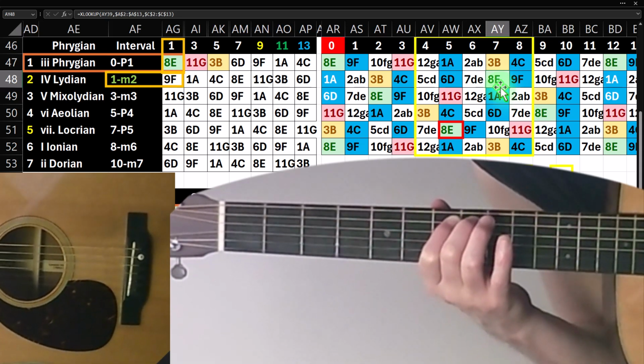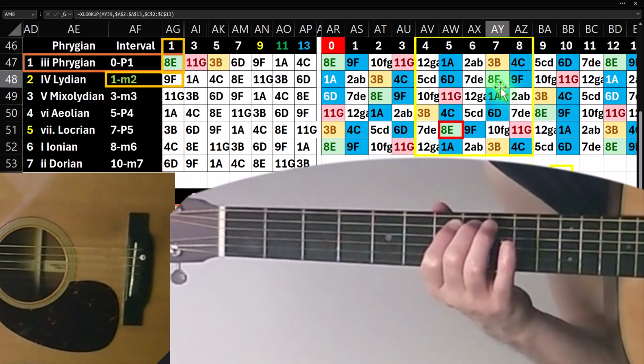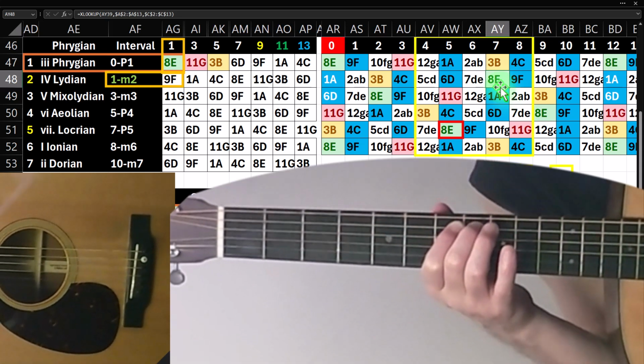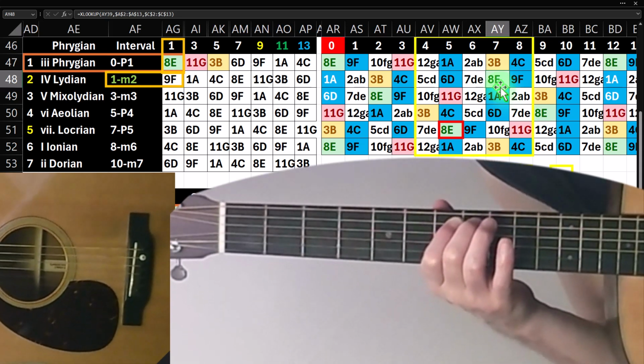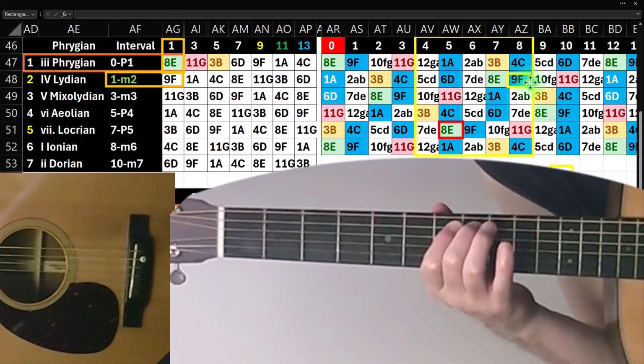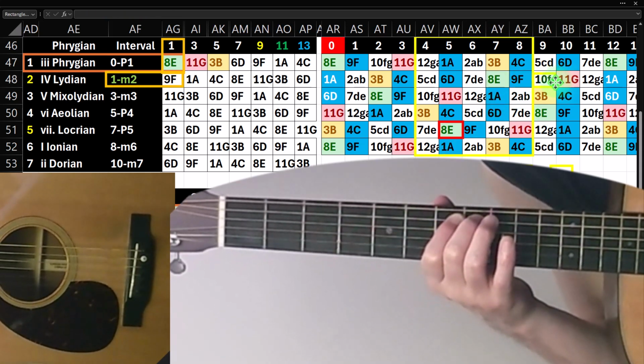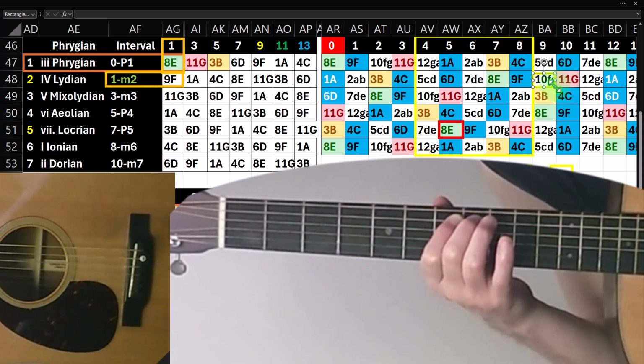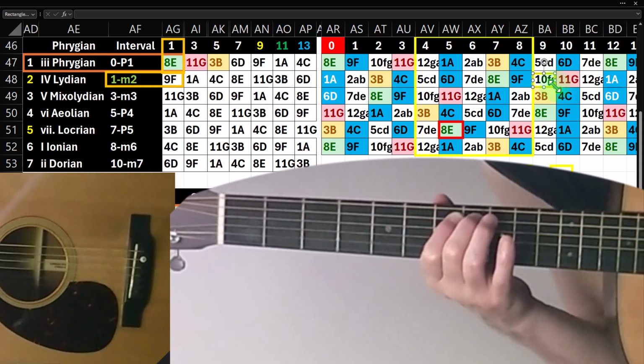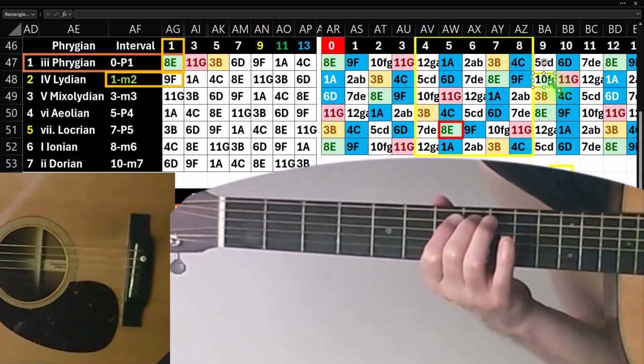What if I wanted to convert from the E Phrygian, which is a minor mode, to simply E minor? Well, then all we'd have to do is take that second, which has been flattened, and move it out, right? So if I want to convert this, I could learn the whole other shape for the F, right? I could say, well, where's the F?